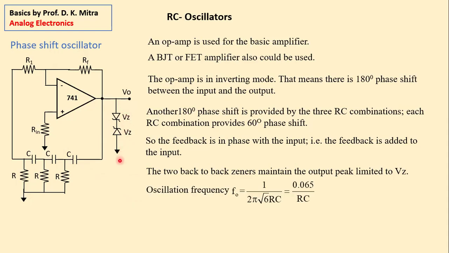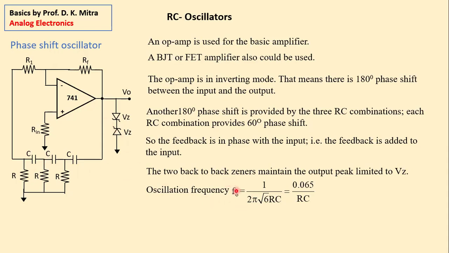Now, the frequency of oscillation and the values of RC, etc. in the phase shift oscillator is a lengthy process of deduction. And I feel personally that you can study it at home, but you need not remember that. It's not essential. It's a very long deduction. What do you remember?